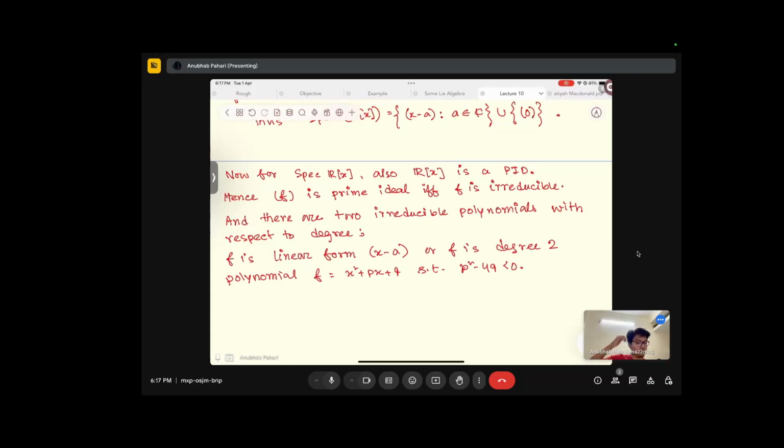And why we cannot get up to third or fourth? This is coming from the general field theory or field extension.